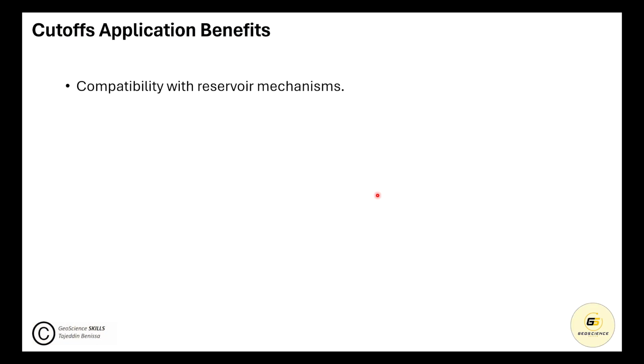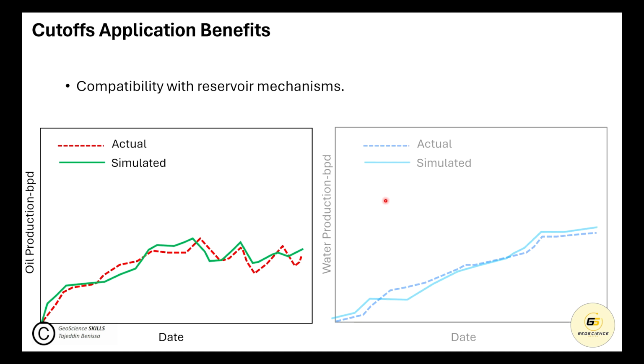The first is compatibility with reservoir mechanisms. The cutoff values help us to understand production mechanisms by creating net pay zones through which hydrocarbon is produced. So, when these net pays are inserted into a dynamic model and are based on proper and representative cutoff values, then a good match between simulation and real production data is expected.